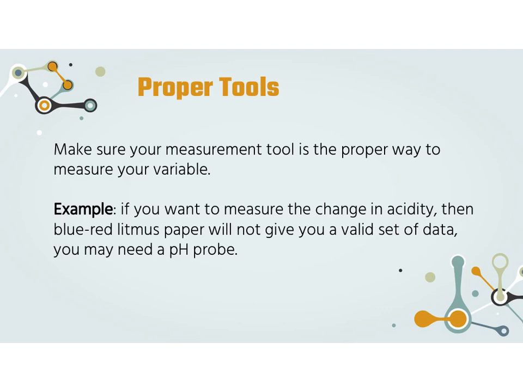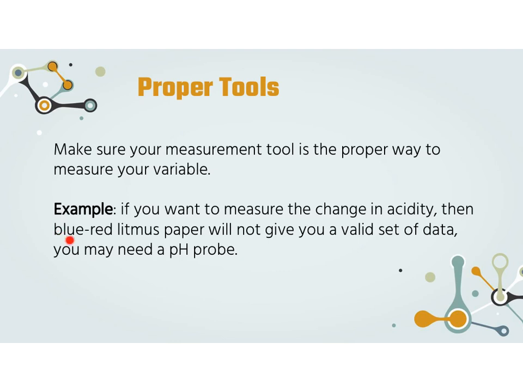Proper tools also play an important role in the validity of an experiment. So make sure your measurement tool is the proper way to measure your variable. For example, if you want to measure the change in the acidity, we have to monitor what we call the pH.